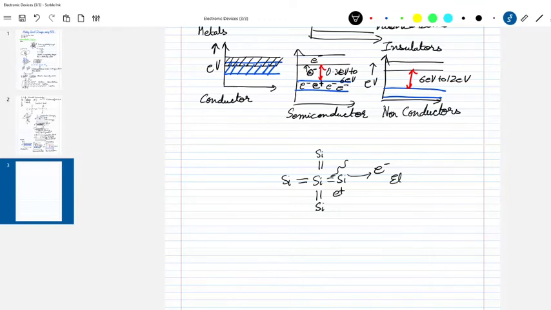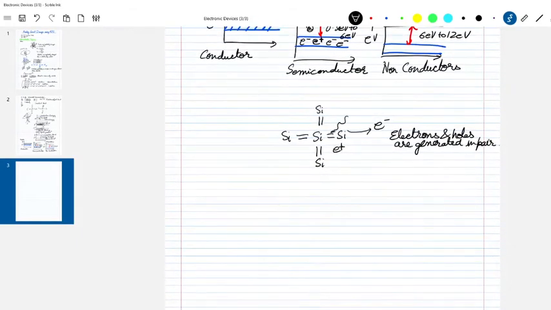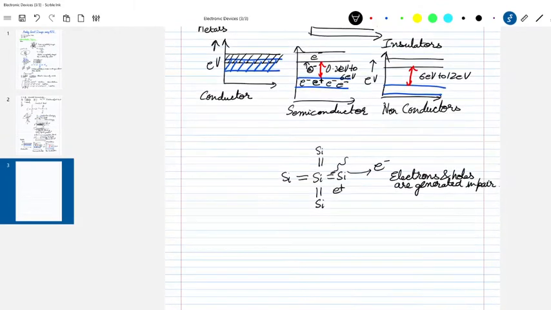Electrons and holes are generated in pairs. Now what's going to happen to this missing electron?